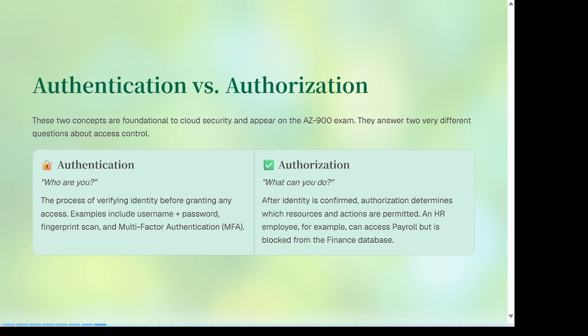But you are blocked from the finance database because you are not part of the finance team. That is the reason it is blocking. So here login is a success, authentication is a success, but access control, meaning authorization, is blocked because you are from a different team. You are from HR, but you are trying to access the finance database.